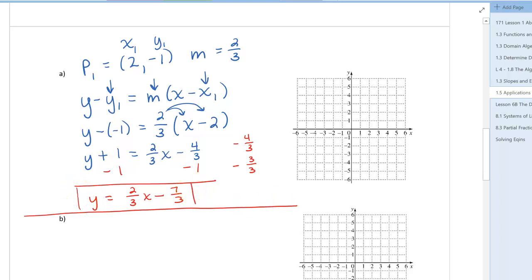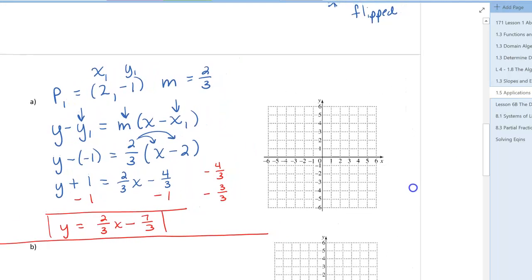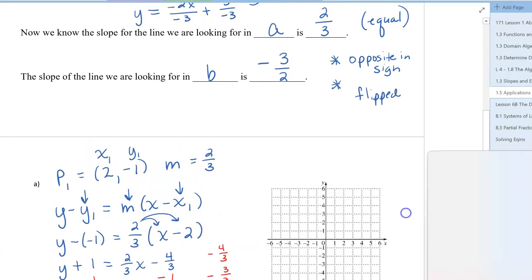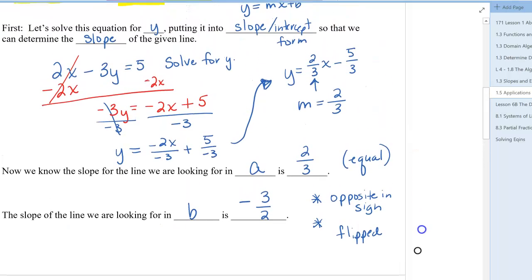All right, let's graph these so we can look and make sure that they are in fact parallel. So for our given equation, our slope is 2/3 and our y-intercept is -5/3.